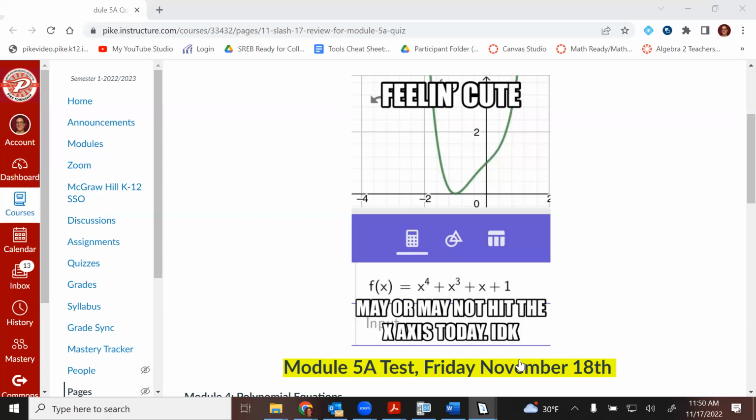X minus 3. I would have to subtract 3 from both sides to get it equal to 0, so there's another factor. And the last one. Not x equals 3, remember I don't have equal signs.